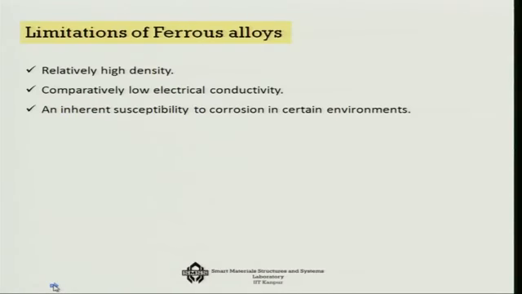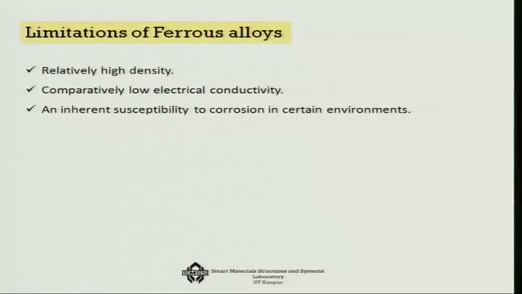Now, what are the limitations of ferrous alloys? Ferrous alloys, no doubt, are very extensively used, but particularly for transport applications and for white goods, they are not good. Why? Because they have relatively high density; you can feel that they are very heavy. They also have low electrical conductivity, and an inherent susceptibility to corrosion under certain environments, for example in saline water.